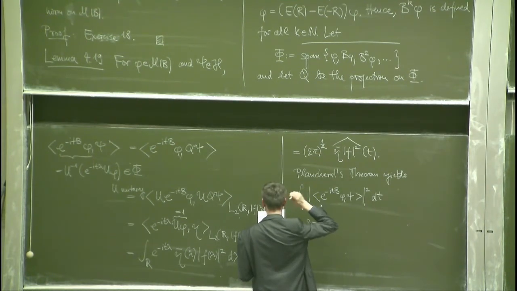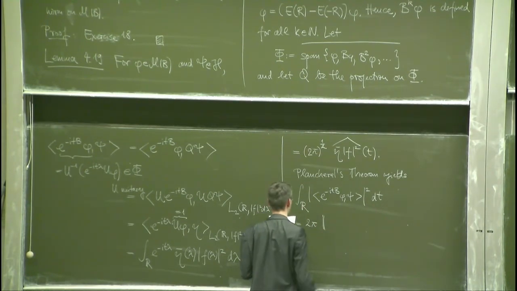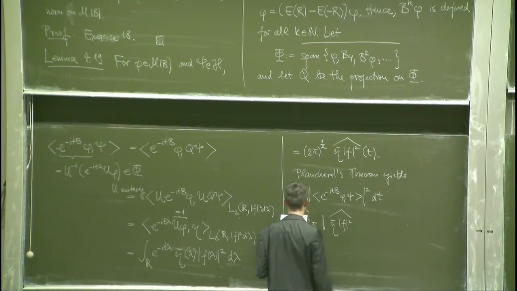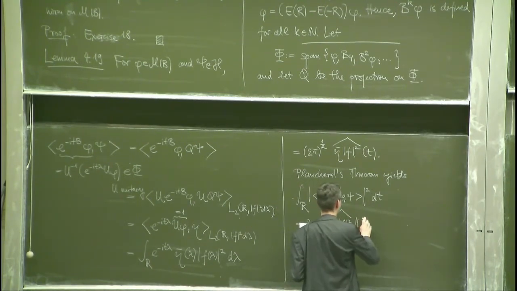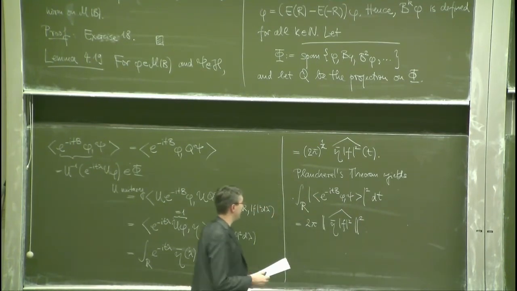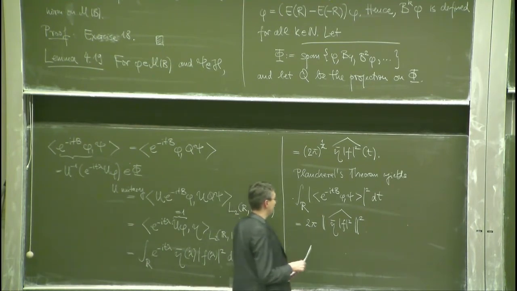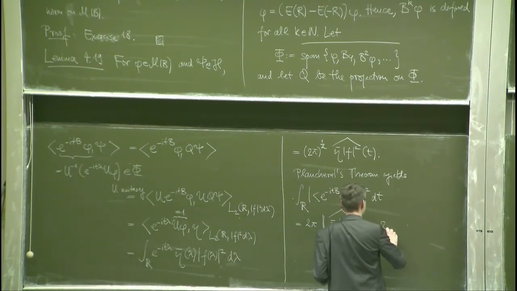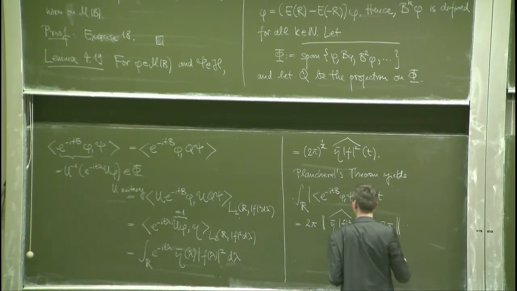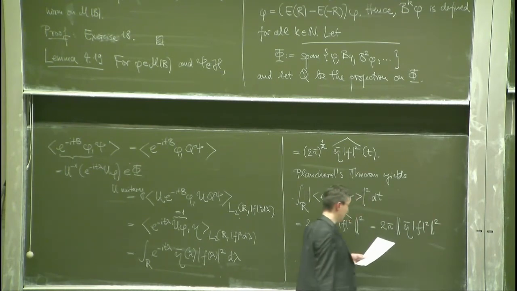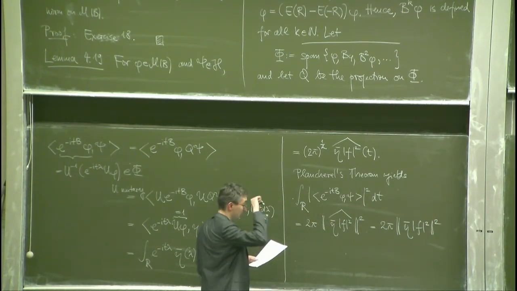We get 2 pi, and the L2 norm of eta bar absolute value of f to the power of 2 and the Fourier transform of this, and this in the L2 norm to the power of 2. Yeah, but now we use this theorem which says that this is the same as 2 pi times the norm of eta bar absolute value of f to the power of 2 and this to the power of 2.